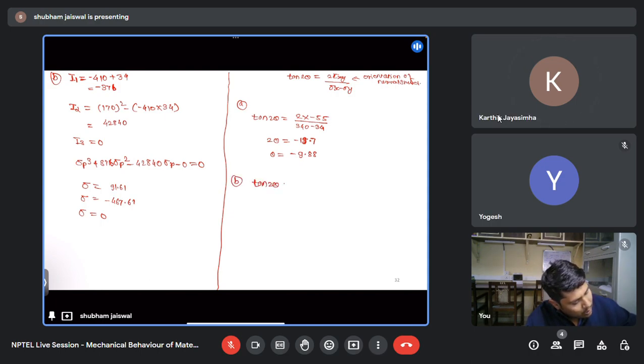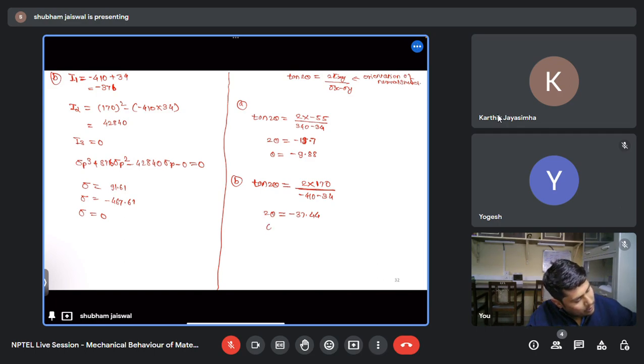So now for B, tan 2 theta is equal to 2 into 170 divided by minus 410 minus 34. So 2 theta comes out to be tan inverse of that, which is minus 37.44.